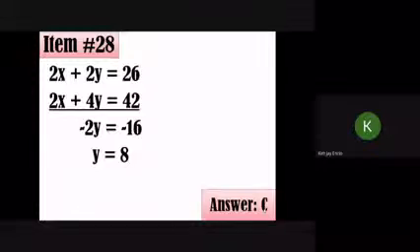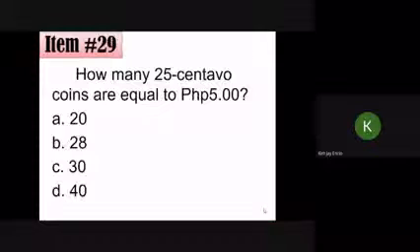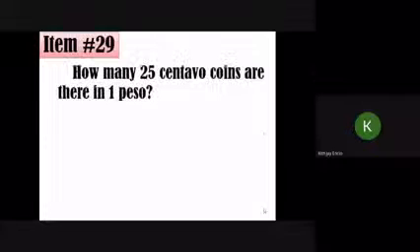Let's have number 29. How many 25 centavo coins are equal to 5 pesos? 20, 28, 30, or 40? I hope you got this correctly. We know that a peso has an equivalent value of 4 25 centavo coins.